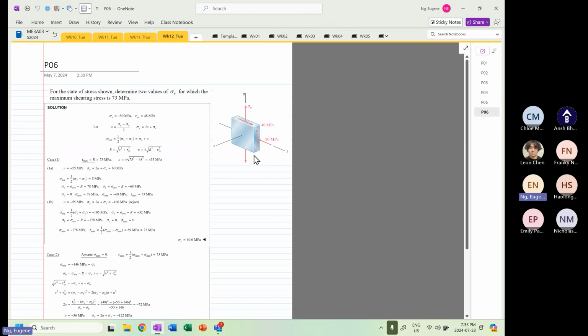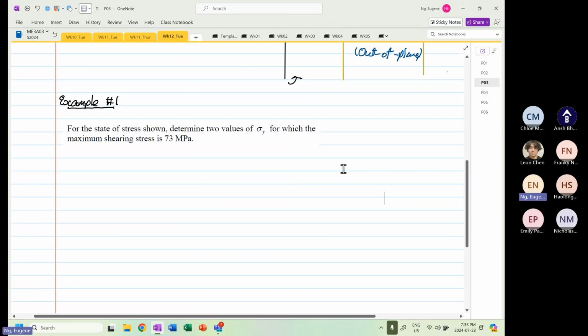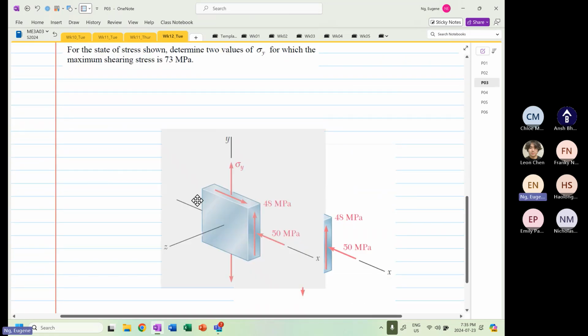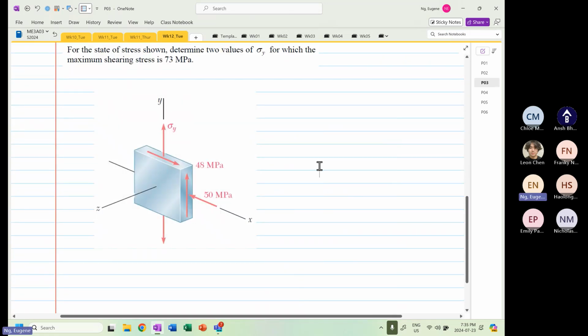And what's so unique about this problem is it combines 3D Mohr's circle with stress strain curve. Sorry, 3D Mohr's circle with U strap. Okay, let me elaborate.